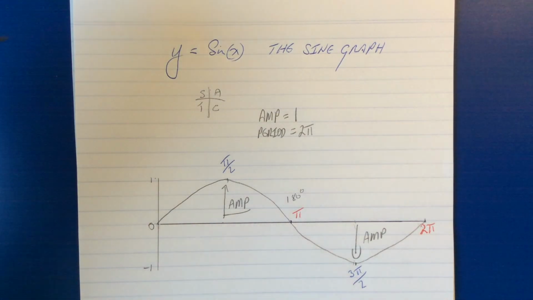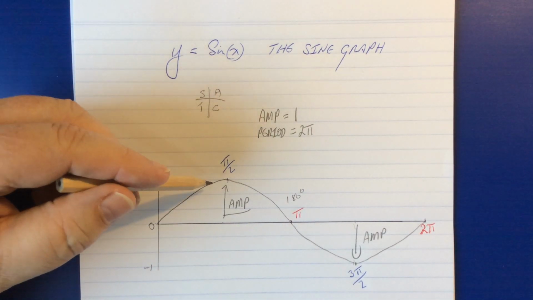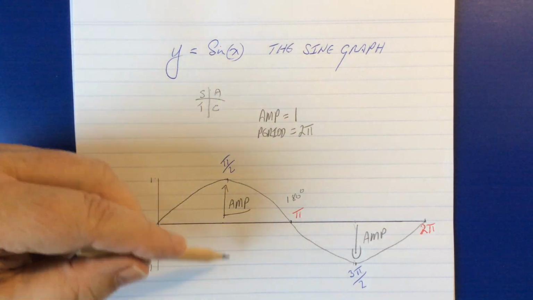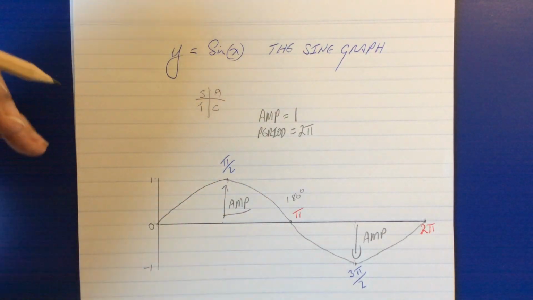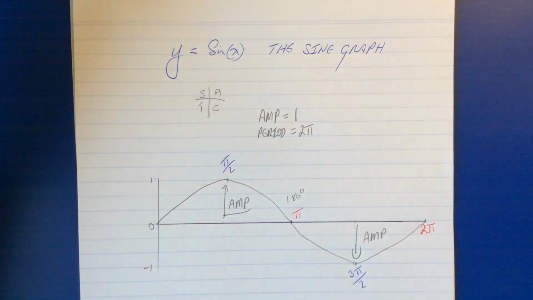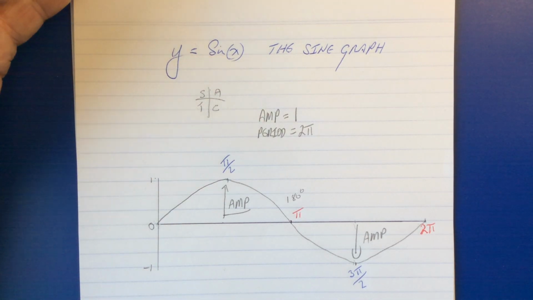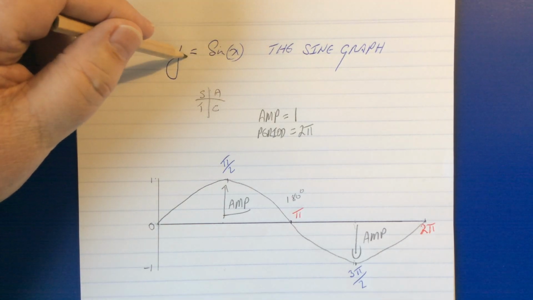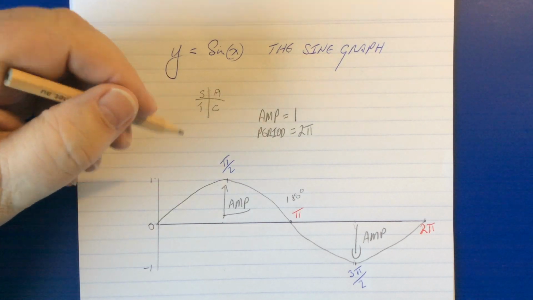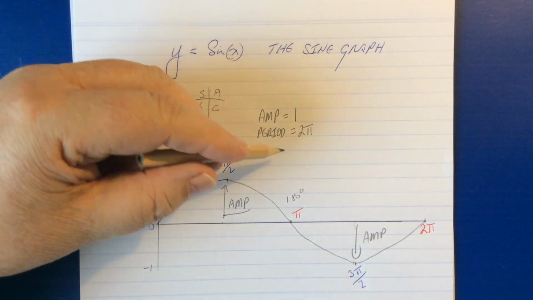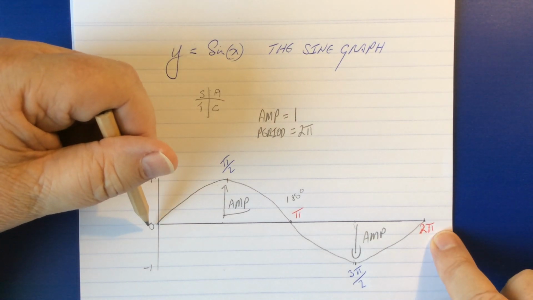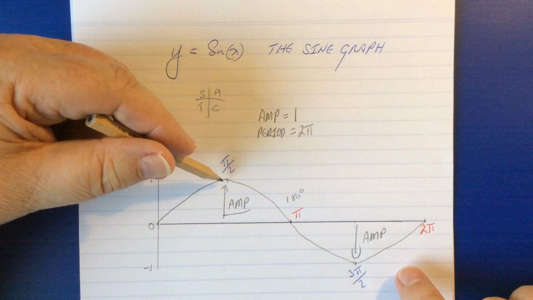It is also possible to flip this graph in the x-axis, to reflect it in the x-axis, simply by making this negative. Now the point I want to make in this video is really just to get across the basics. This is the function, this is its graph, this is what this looks like. And its domain is between 0 and 2 pi, and its range is from -1 to 1.